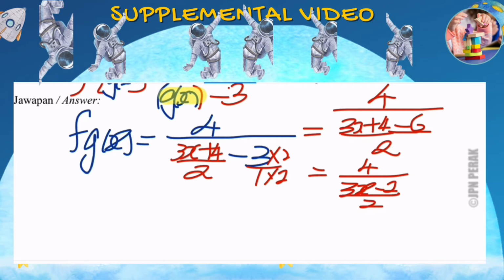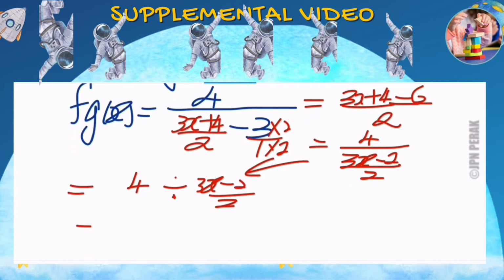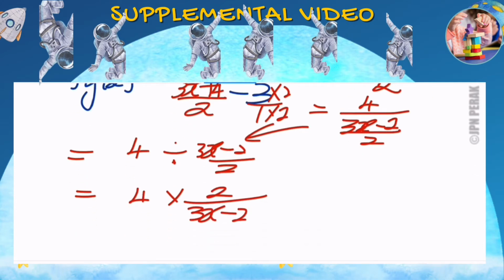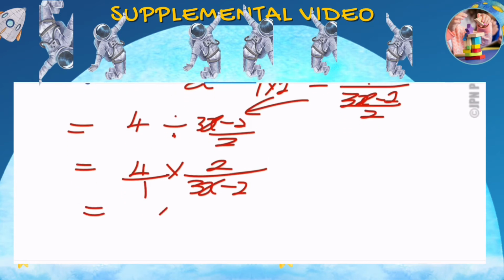Be careful, we are having 4 divided by the fraction. In this case, some of you are quite confused with dividing by a fraction. So you can write like this, and then you can just make it multiply. The 2 goes up, 3x minus 2 goes down. Then we simplify to the simplest form, 8 over 3x minus 2.